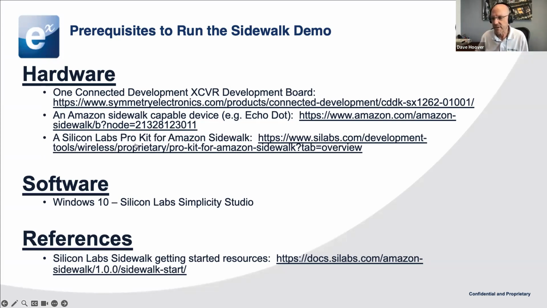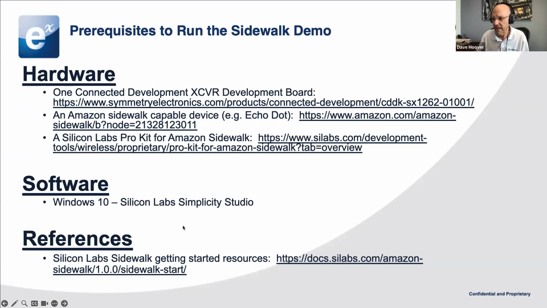And then Silicon Labs has got a really cool Pro Kit for Sidewalk, which has got everything you need in it to enable this, right? It's got the MCU development kit, just like on the Nordic side, it was the 52840 in this instance. It's the equivalent on the Silicon Labs side of things. So you get the dev kit, and then you get all the connectivity that you need to attach the LoRa transceiver board, which I'll go into in a second.